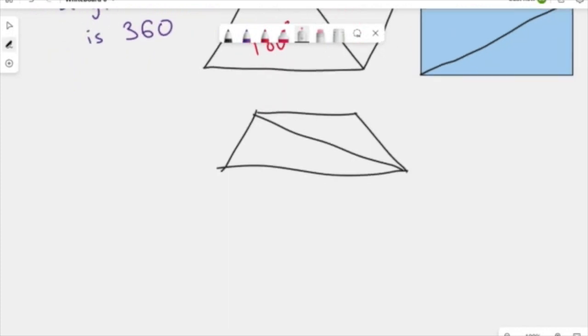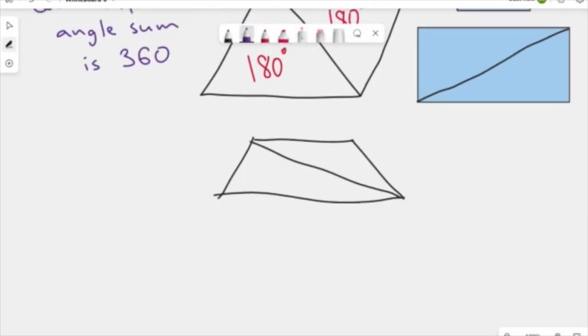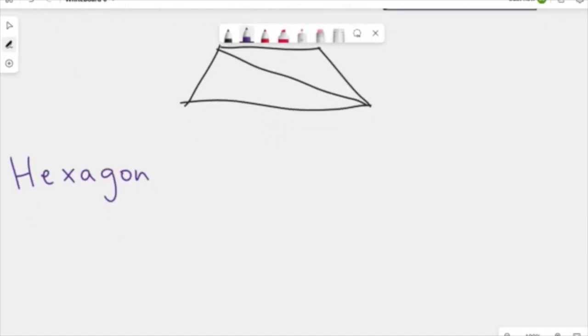So let's try, for example, a hexagon here. All right, let me draw one. Apologies in advance if my drawings suck, but I'll do my best and hopefully you'll be able to get the picture.